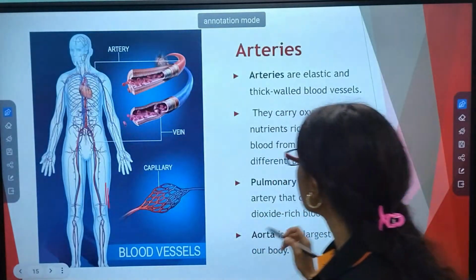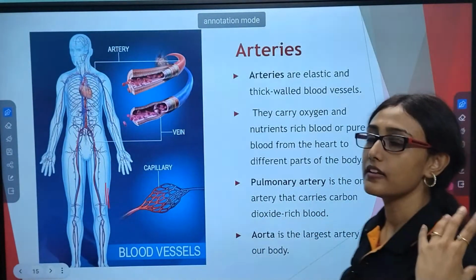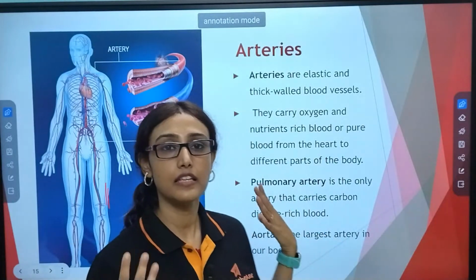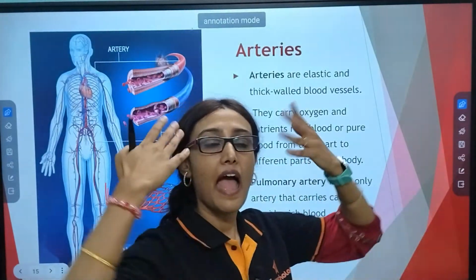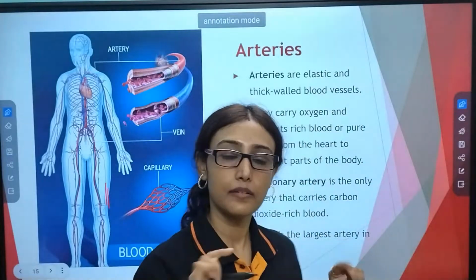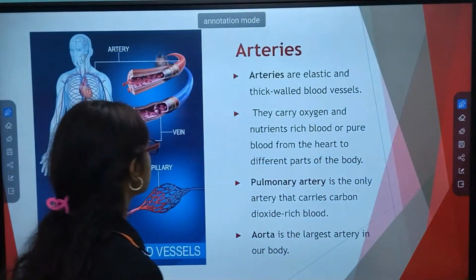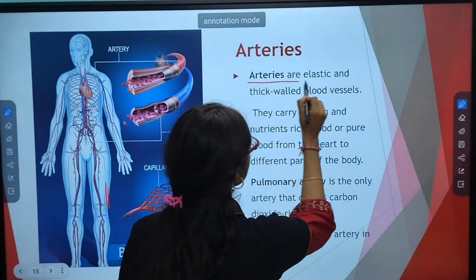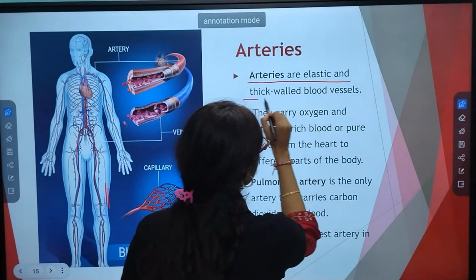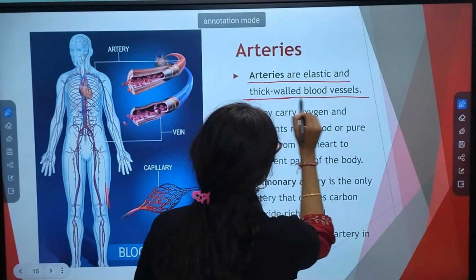So the main function of an artery is to carry blood away from the heart.